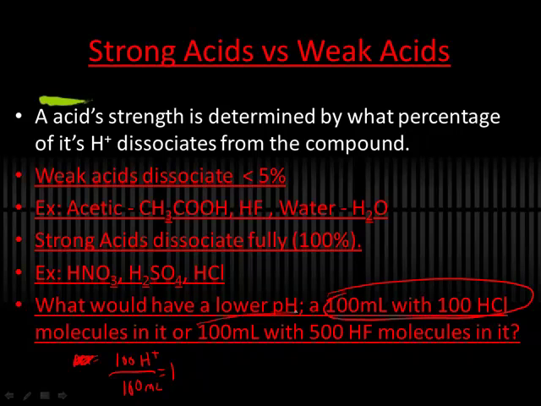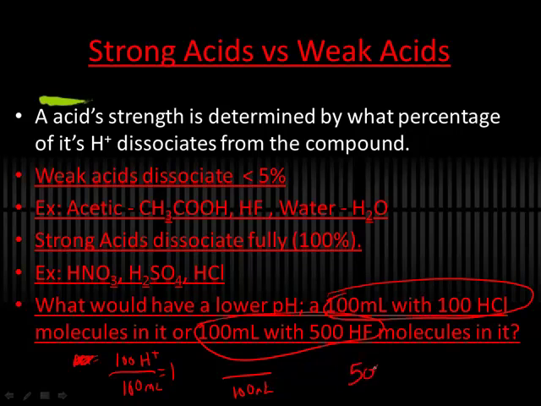Now in this case, we still have 100 milliliters for HF, but we have 500 molecules in there. So you think, well, there's more molecules, so maybe that one has a lower pH because it's got a stronger concentration. However, HF is a weak acid. So only 5% of those molecules are going to break into H pluses.